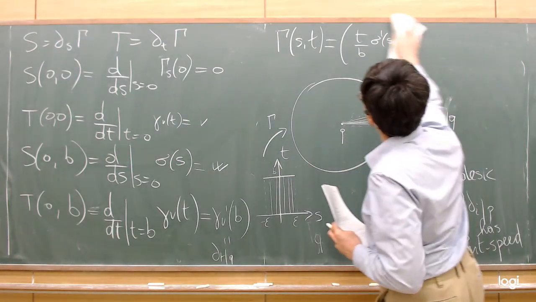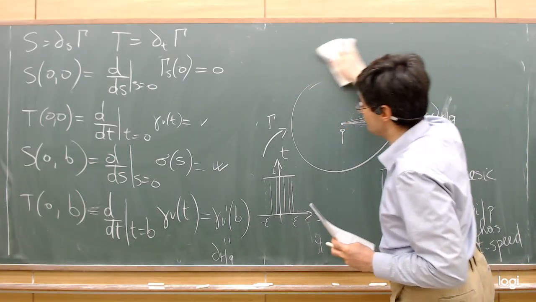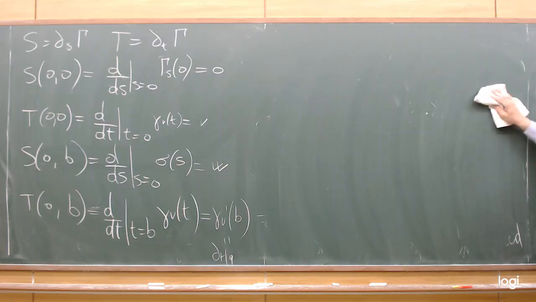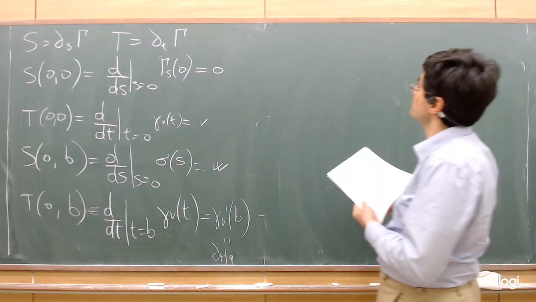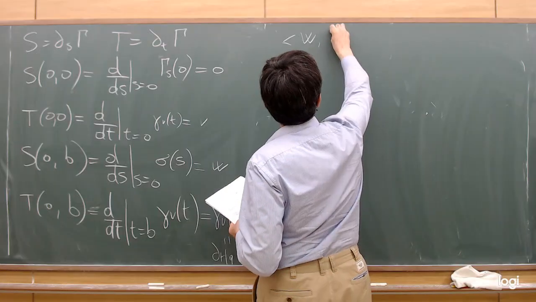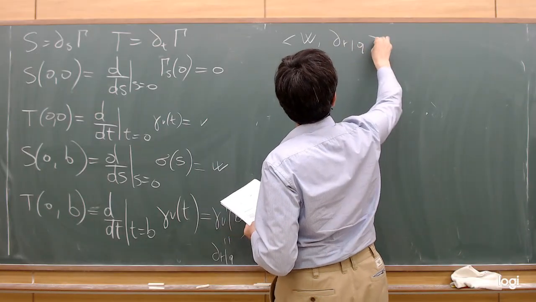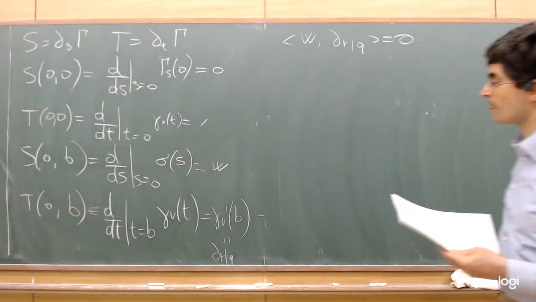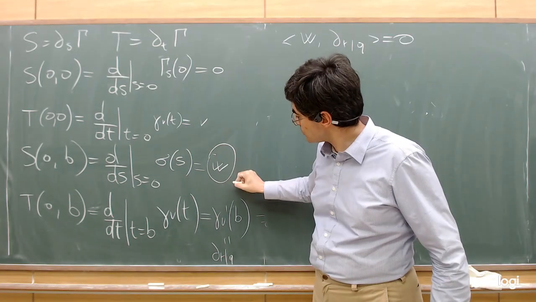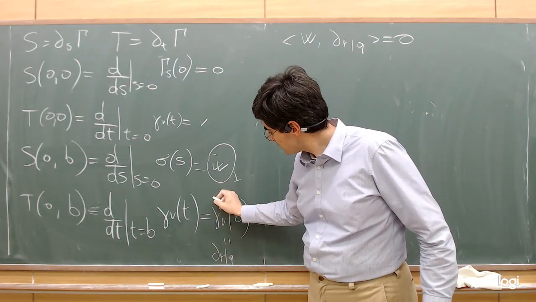So remember that our goal is to prove that W is orthogonal to delta R at Q. Precisely, this is orthogonal to this.